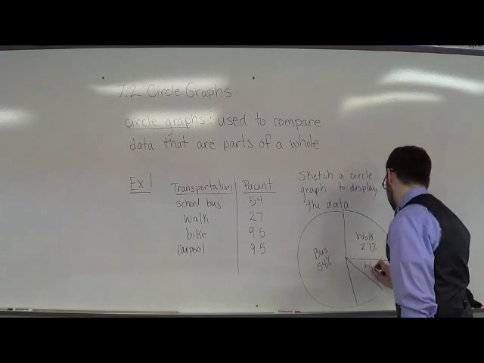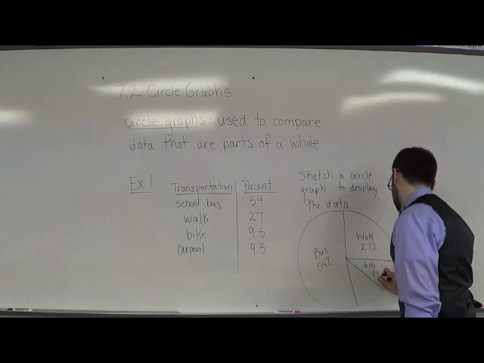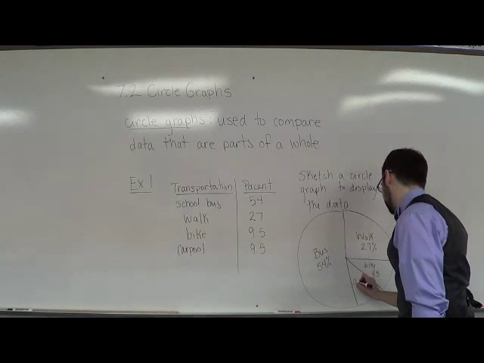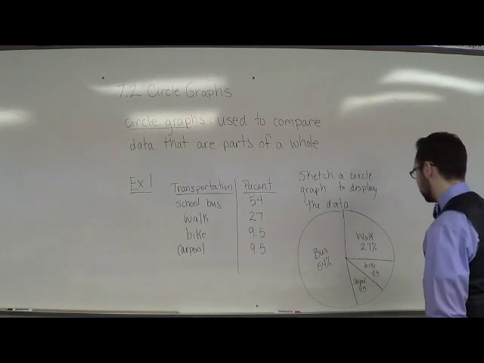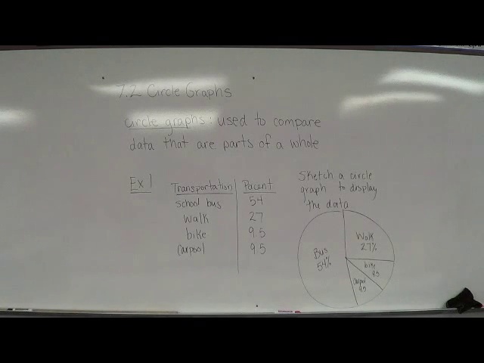So then we have our bike for 9.5%, and the carpool for another 9.5%. It's just a matter of recognizing how we use percentages and how those represent things. That's all there is to it. We're just creating circle graphs to represent that information.